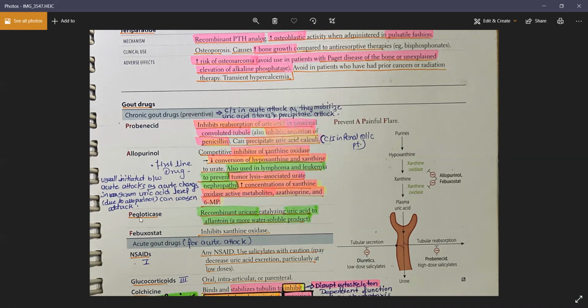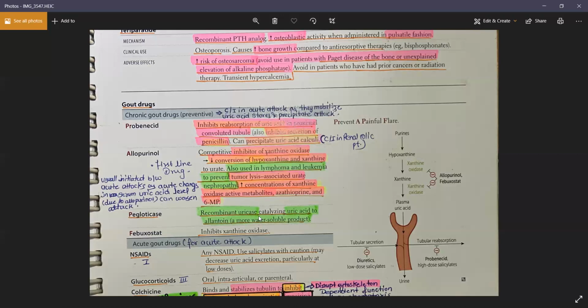Then you have the drug pegloticase. Also, you can have another drug, rasburicase, remember? So rasburicase and pegloticase both convert uric acid into allantoin by acting as the uricase enzyme.